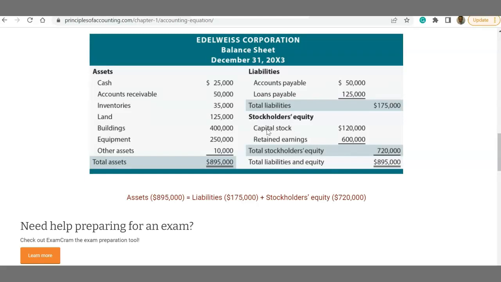If it's a partnership, then you have Robert's capital and James capital. There are two capitals. If it's a sole proprietorship, just Robert's capital. There is no retained earning in sole proprietorship.